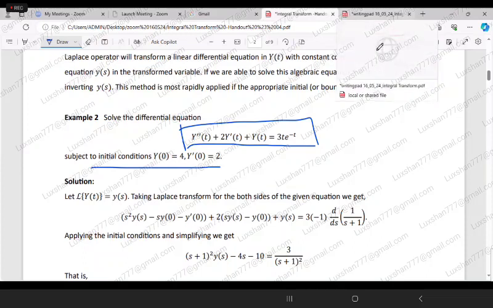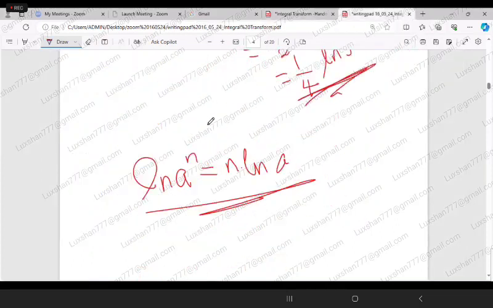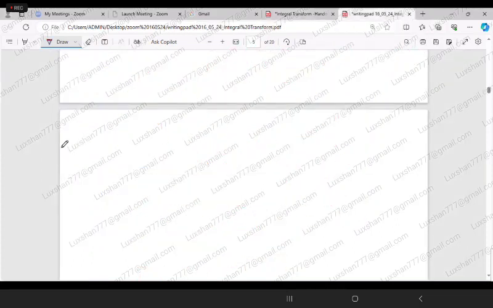So this is the problem that we are going to discuss. Y double dash t plus 2y dash t plus yt equal to 3t e to the power minus t. Now we are going to discuss the second application, solving ODEs.